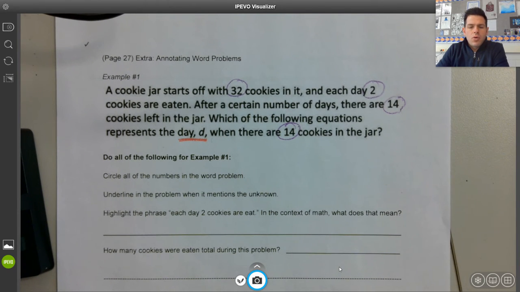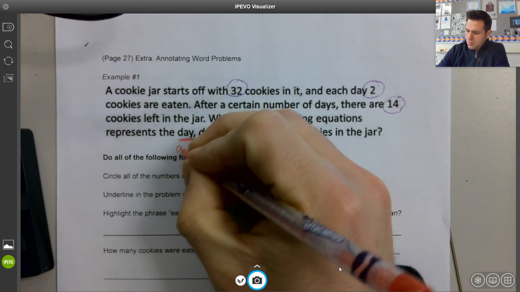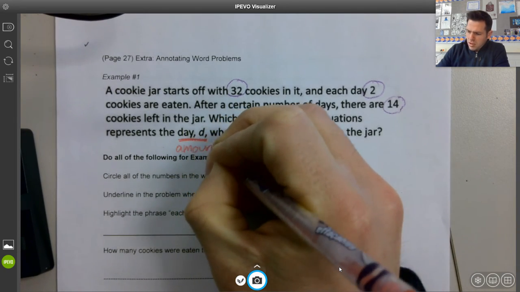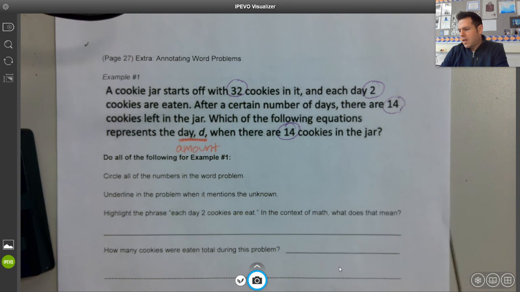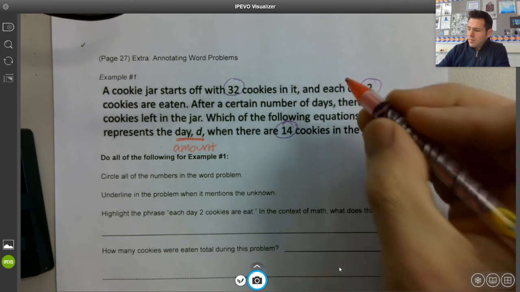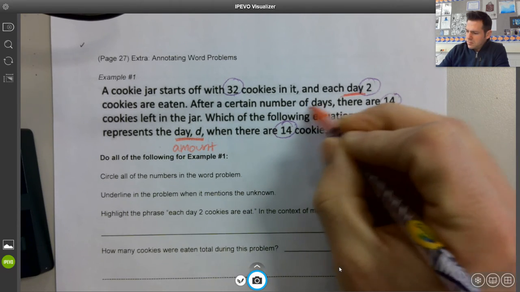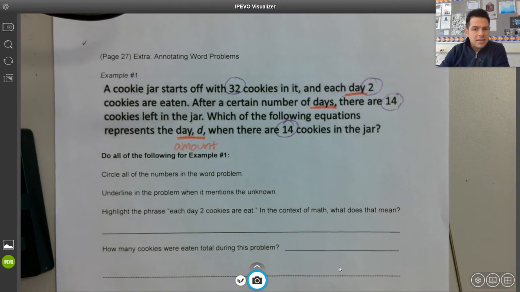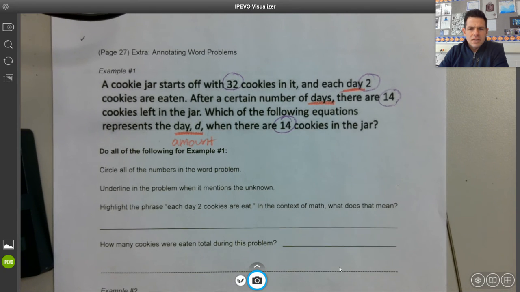We don't know what that amount of days is, but we do know that if we were to solve this equation, we'd be dealing with the variable D, so we'd be looking for something that says D is equal to something. It wouldn't be a terrible idea to underline the word day, since day D is what we're going to be searching for in this equation. Might not be a terrible idea to underline that word a couple different times.